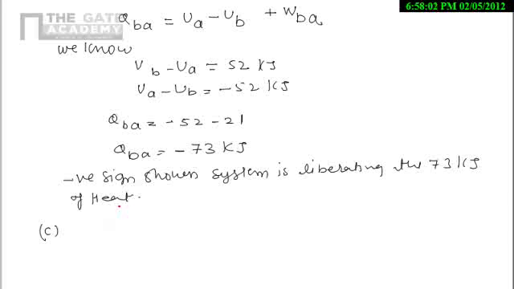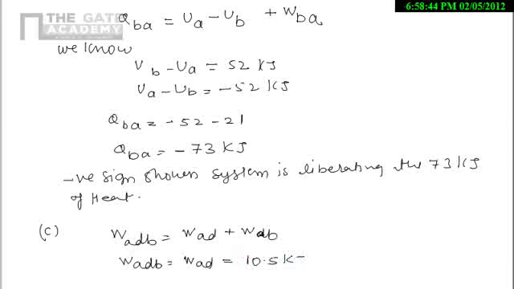Part C, we can write WADB is WAD plus WDB. If you see in this diagram, WDB will be 0 because it's a constant volume process. So we can write WADB equals WAD, and we have already calculated that, 10.5 kilojoule.